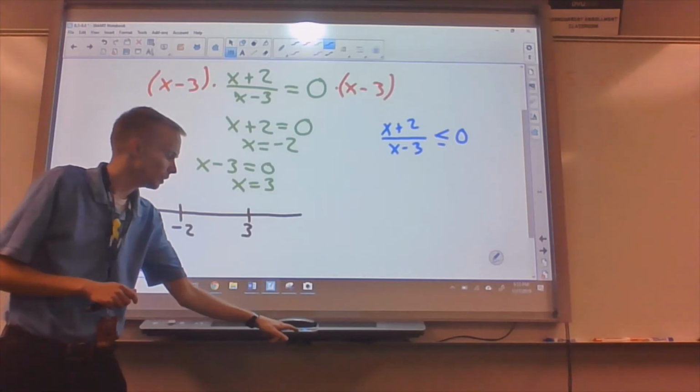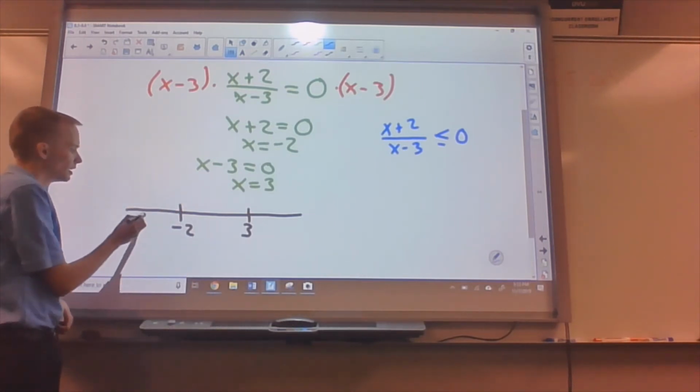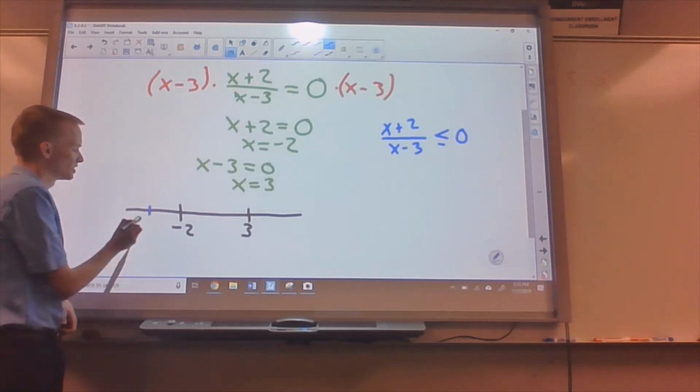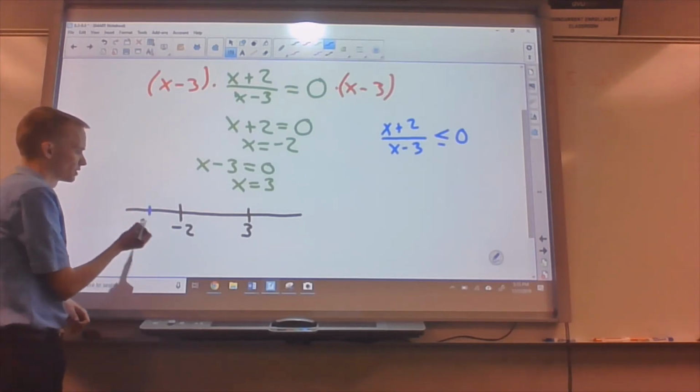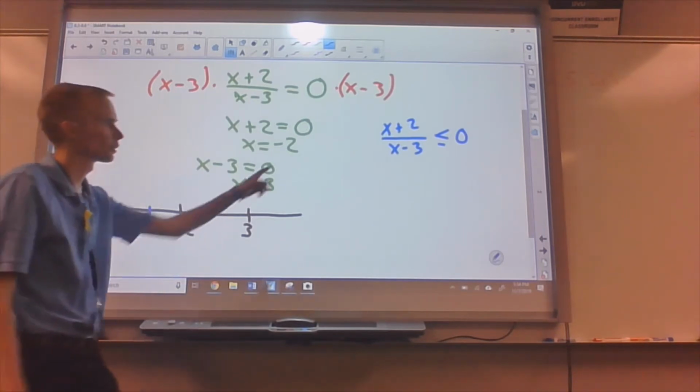Okay, so then I'm going to start plugging in numbers into the inequality, some that are to the left of -2. So, I don't know, -3 seems like a good option. Let's throw that in there.